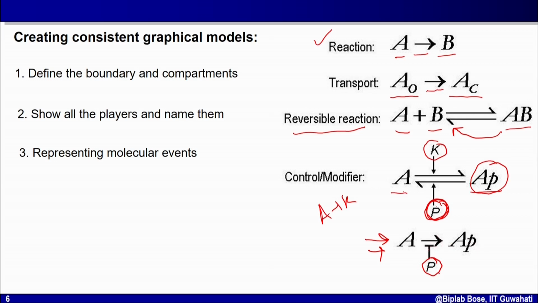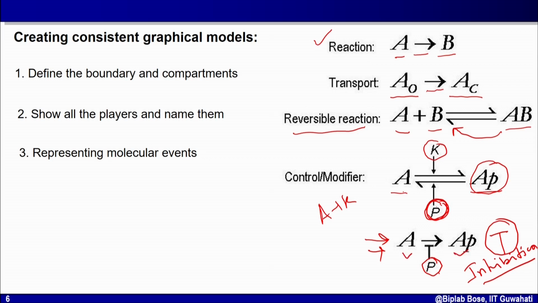Notice that we don't have an arrowhead here, we have a hammerhead. Usually this type of hammerhead represents inhibition. So what I want to represent here is that P is inhibiting the phosphorylation of A to AP.